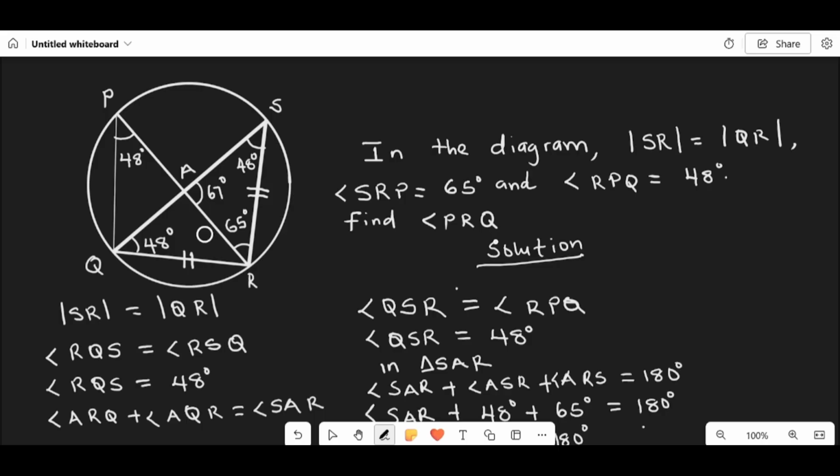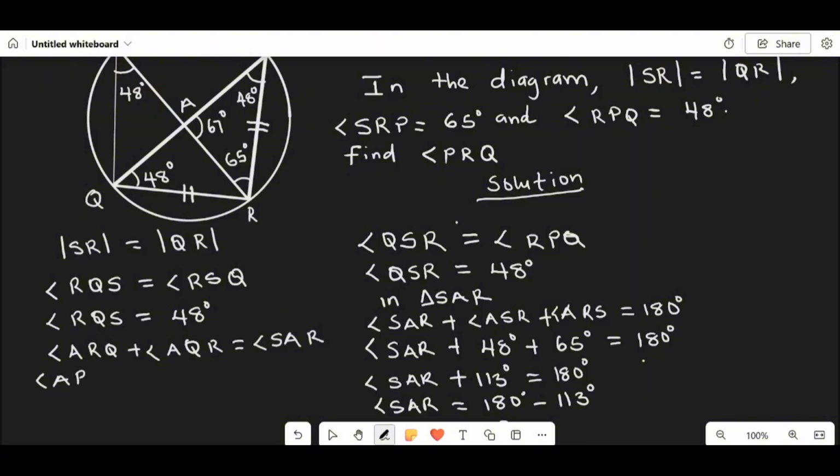And in this diagram, our angle AQR is 48 degrees and our angle XAR is 67 degrees. So let us substitute them into this equation. Angle ARQ plus 48 degrees is equal to 67 degrees. Angle ARQ is equal to 67 degrees minus 48 degrees.